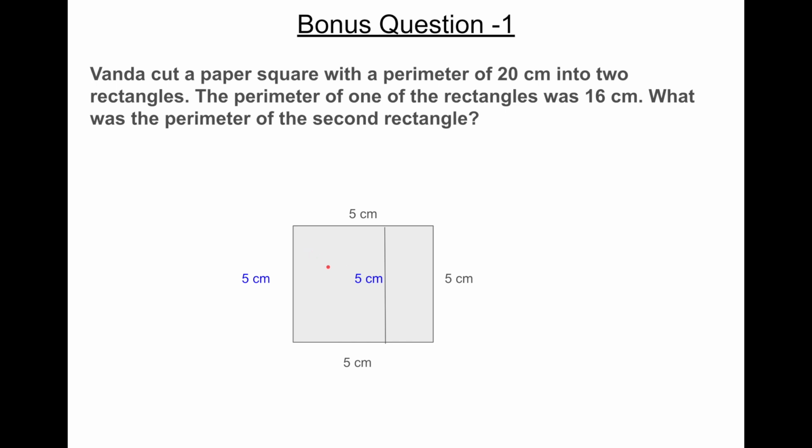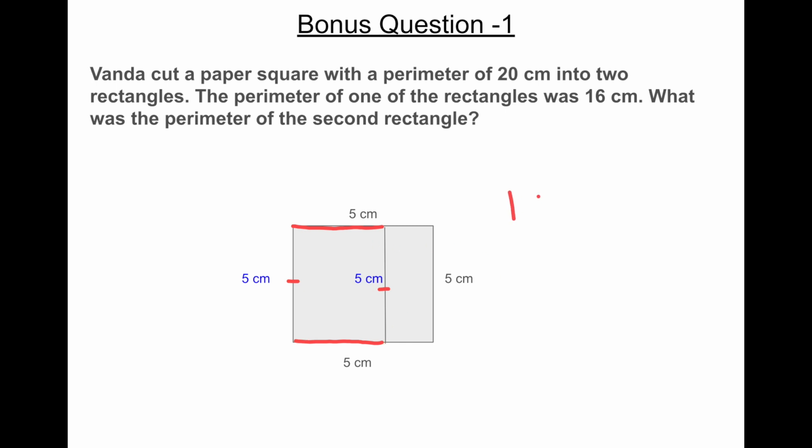Since it's a rectangle, from the definition of a rectangle we know that the opposite sides of the rectangle are equal. So 5 centimeter and 5 centimeter, it is equal. So what is the size of this side? We know the perimeter. We know this side. We can determine the size of this side.